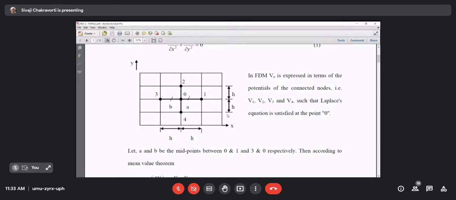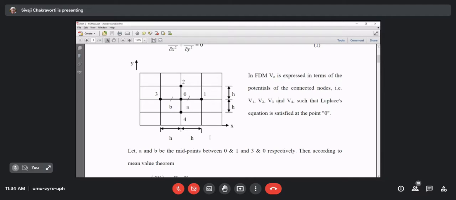And the first question that comes is, this node 0 is connected to how many other nodes? Because of the discretization, it is quite clear that the target node is connected to 4 other nodes. So now that I have shown 1, 2, 3, 4: 1 and 3 along the x-axis, 2 and 4 along the y-axis.